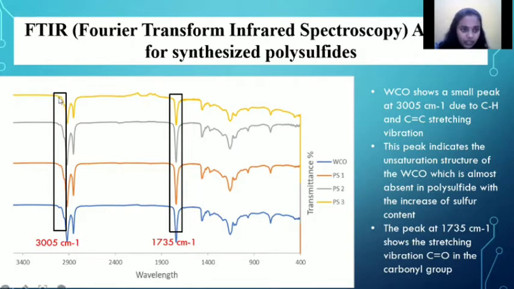The peak slowly reduces, and for PS1, the peak has completely disappeared. The peak at 1735 shows the stretching of the carbon-oxygen double bond, which is the carbonyl group. The carbonyl group shows the presence of waste cooking oil in the FTIR analysis.